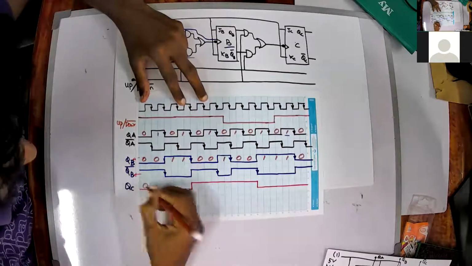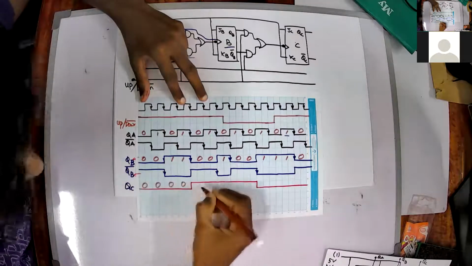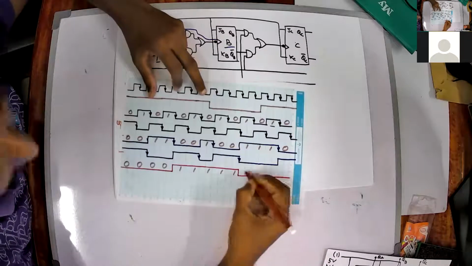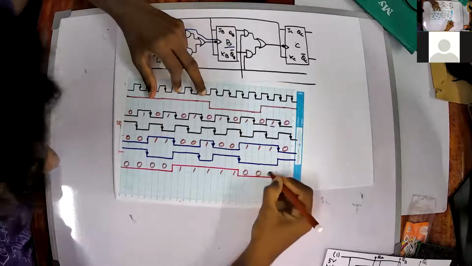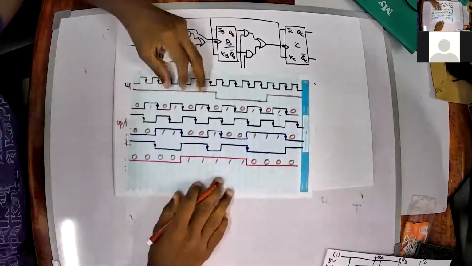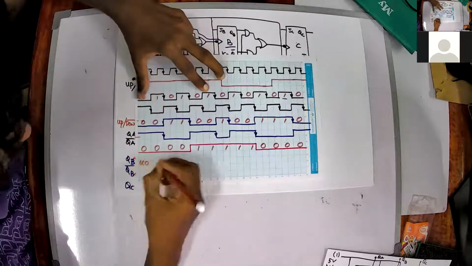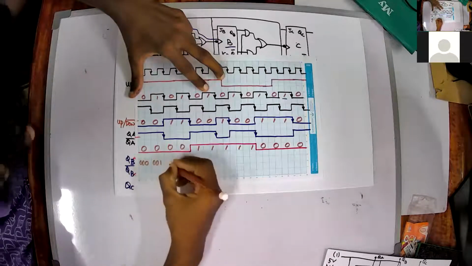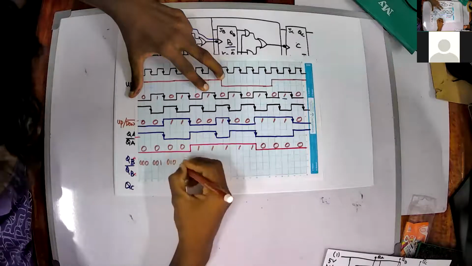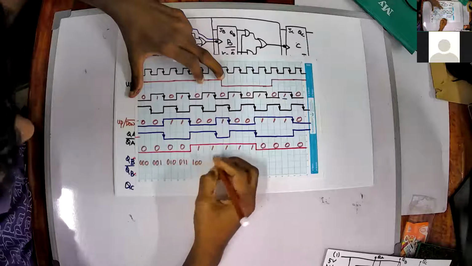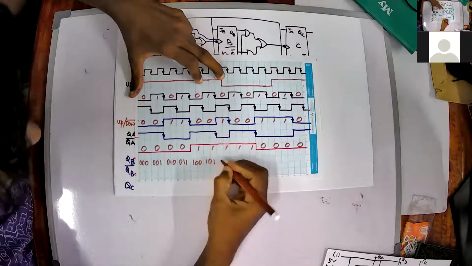For QC: 0 0 0 0 1 1 1 1 1 0 0 0 0. Clear. Now let me write it down. So 0 0 0 0 0 1 0 1 0 0 1 1 1 0 0 1 0 1.